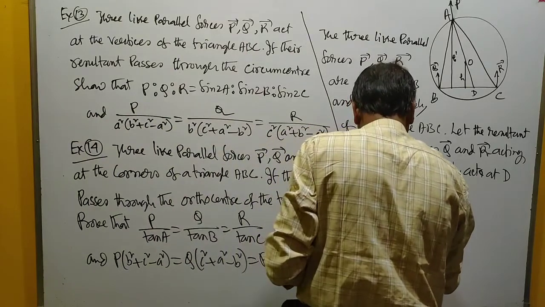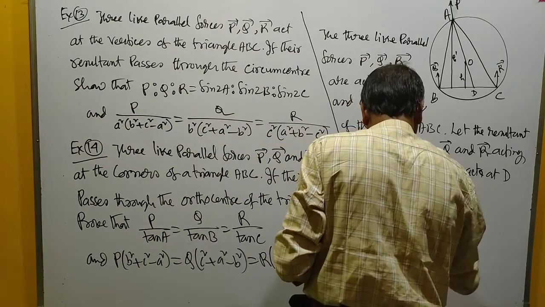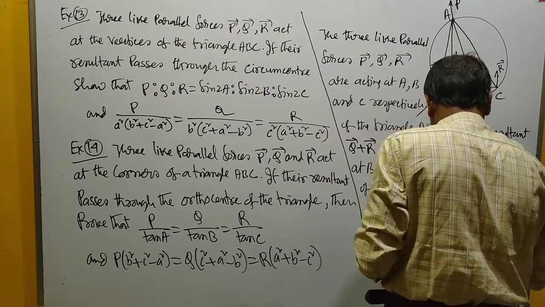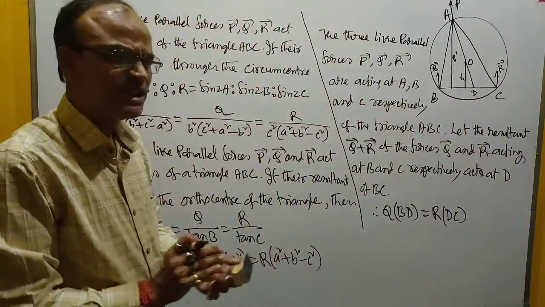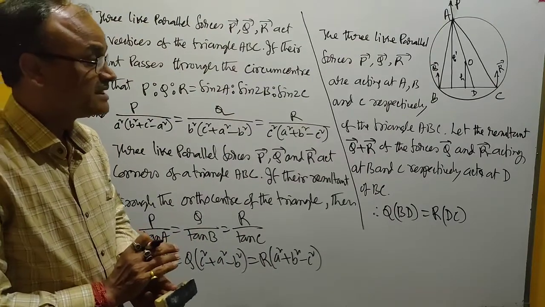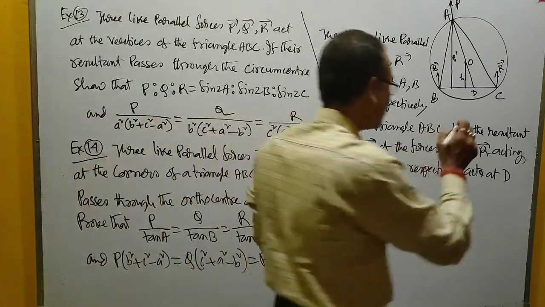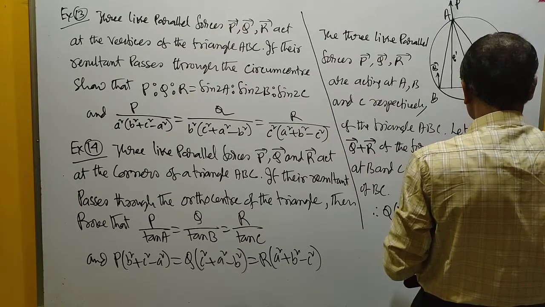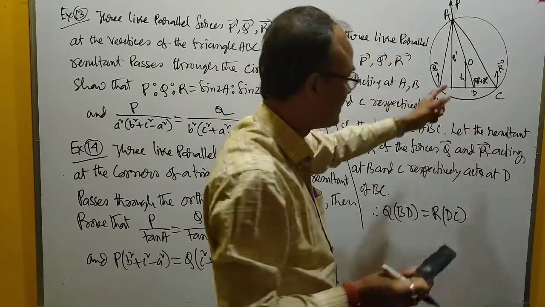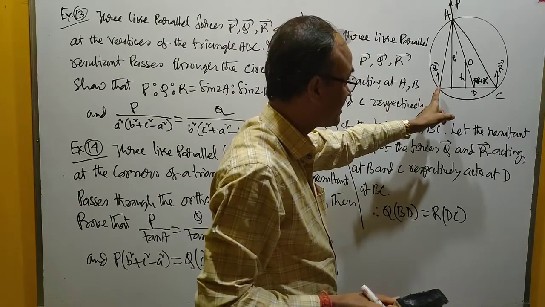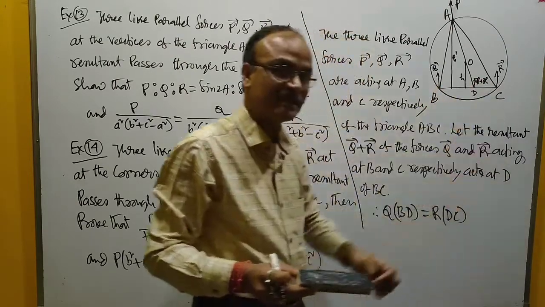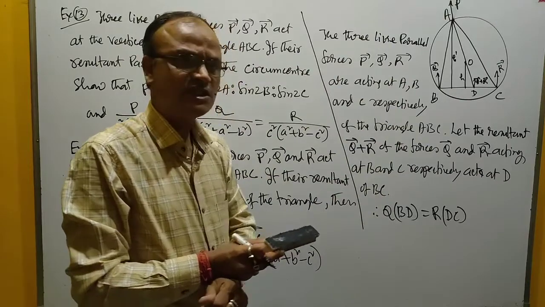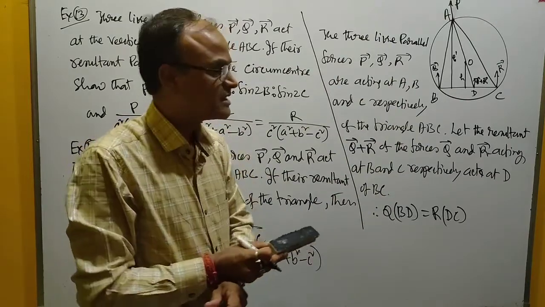Therefore, Q into BD equal to R into DC. Since the resultant Q plus R of Q and R is acting at the point D, this is again a like parallel forces case.